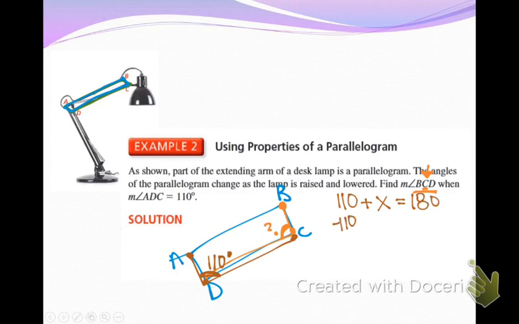Subtract 110 from 180. And how many degrees is that angle we're looking for? 70. Okay, because consecutive angles are supplementary. So, if angle D is 110, what other angle is 110? B. If C is 70, then what other angle is 70? A. Okay?